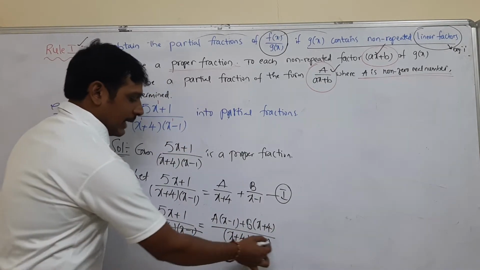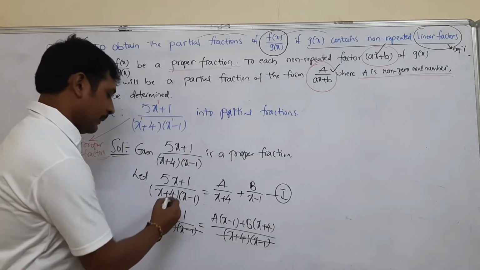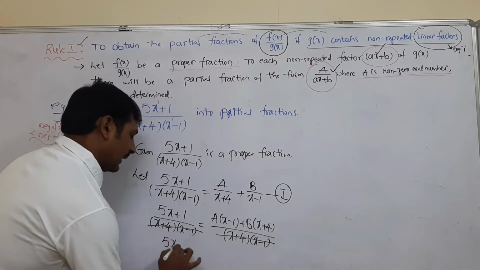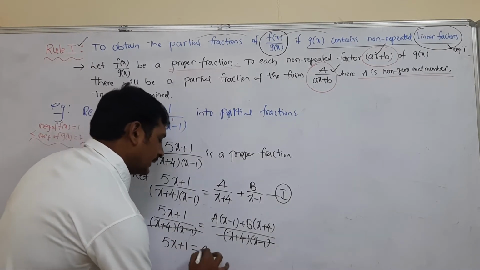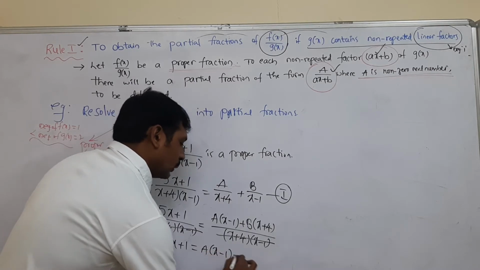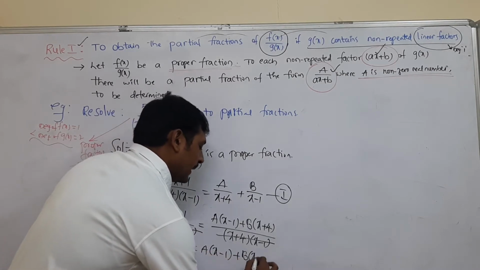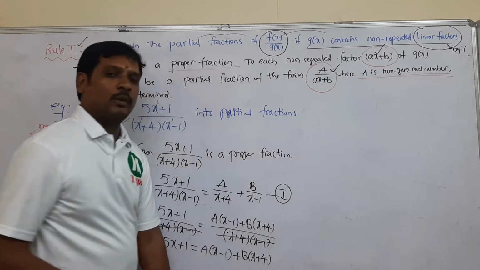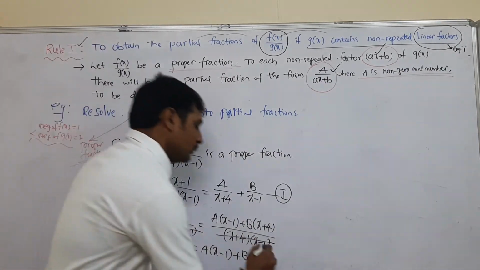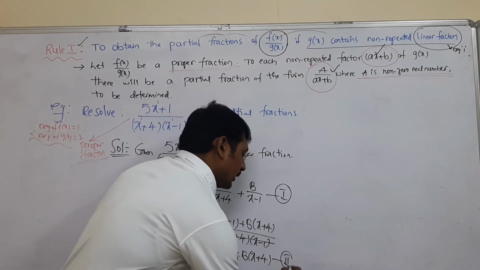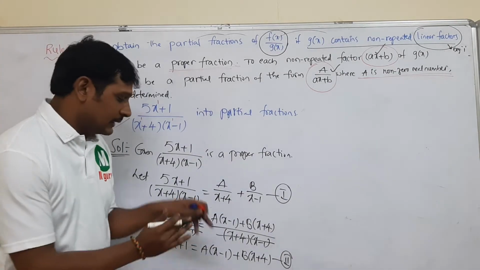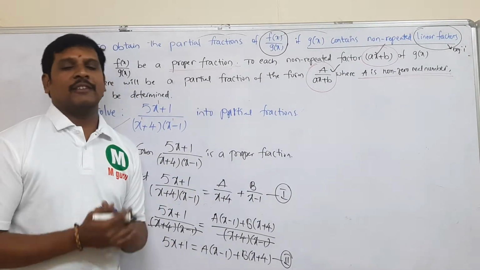Here the denominators get cancelled. The remaining is 5x plus 1 equals A into x minus 1 plus B into x plus 4. Assume this as equation number 2. Here this can be solved by several methods.